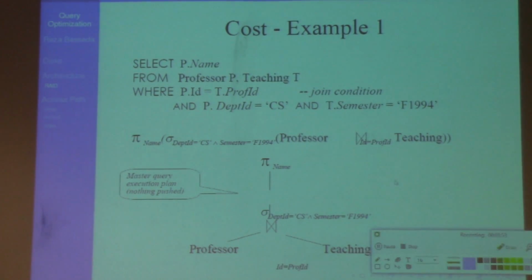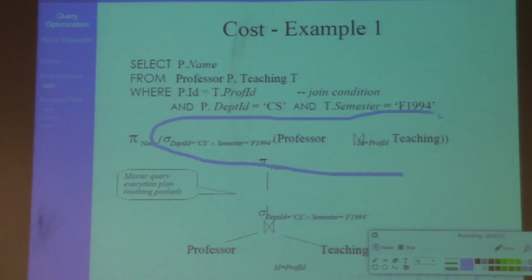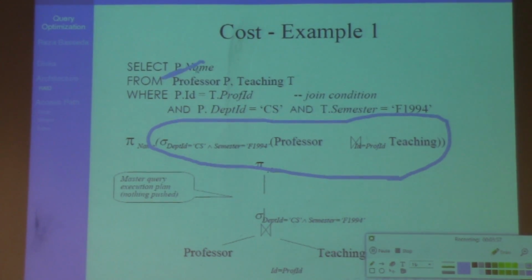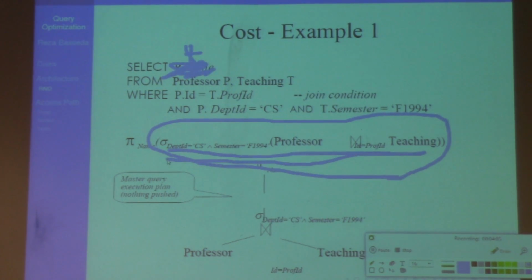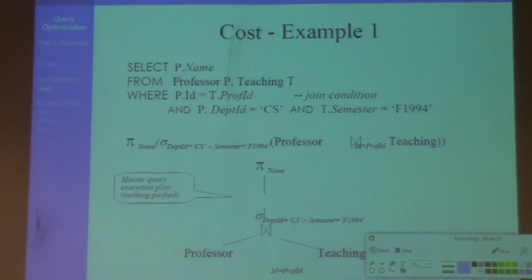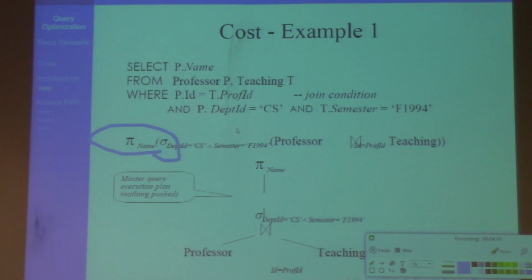If you do not have this column and instead you have a star, then this will be the equivalent relational algebra expression. So then from that equivalent relational algebra expression you need to get the name. So can I move this projection into these parentheses?